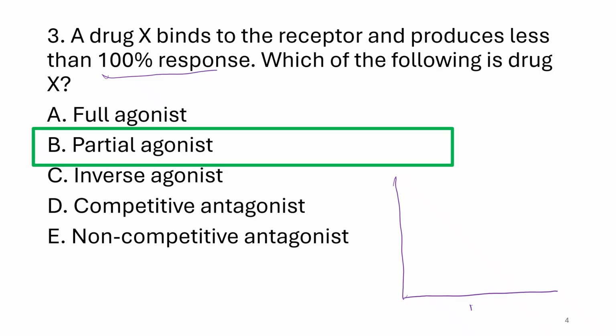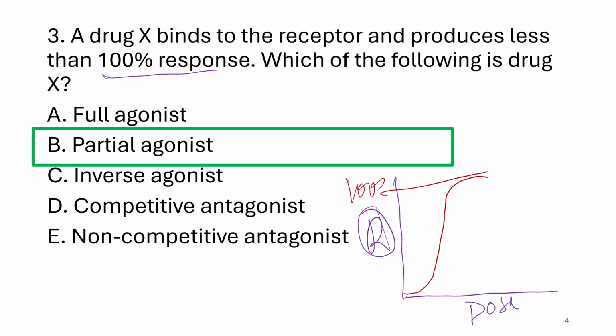So when you see the dose response curve, you have a full agonist, 100% response, whereas a partial agonist, less than 100%. Antagonist binds to receptor, no response. Inverse agonist, it's like this.